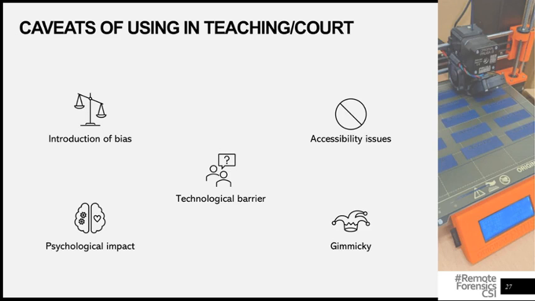Some students, mature students perhaps, are so used to working with 2D photographs that it becomes quite difficult to then learn the new software, learn the new technology, and then try and learn the subject matter. So you're actually putting these blockers in place by using this technology. And that, of course, comes alongside accessibility issues as well. Not everyone has the same approach to using these technologies.